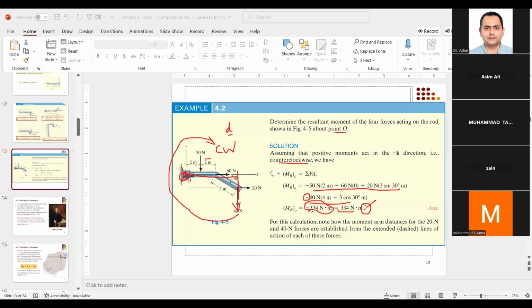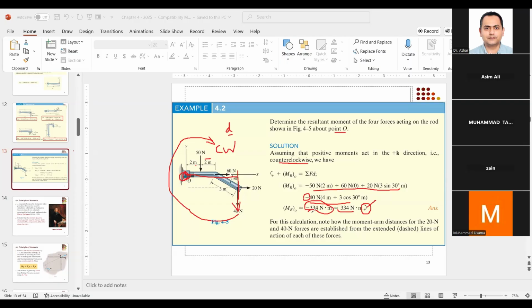Okay, I have a question from Dayan Khan. Sir, can we also assume clockwise to be positive? Yes, definitely, we can assume clockwise positive. There is no harm at all. Sign convention just helps us differentiate between two different types of moments. It separates the clockwise and counterclockwise. There is no compulsion that we have to take clockwise positive or counterclockwise positive.